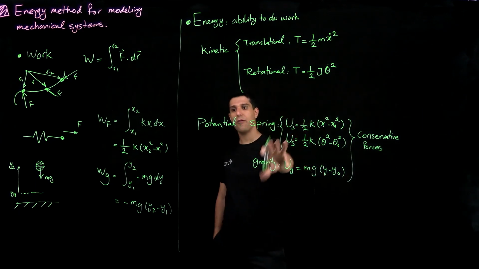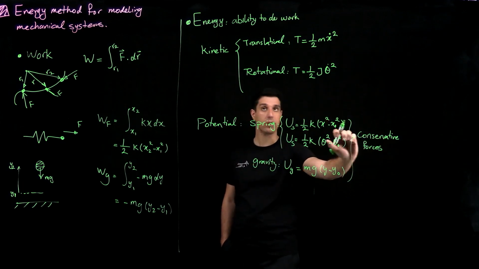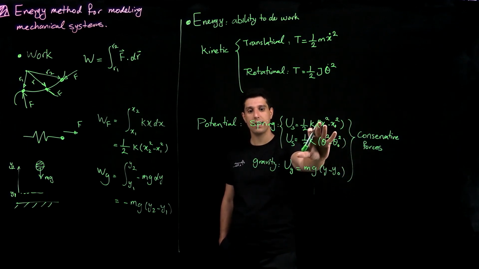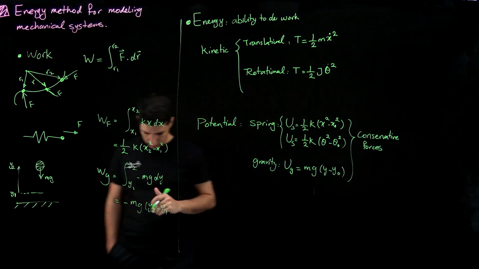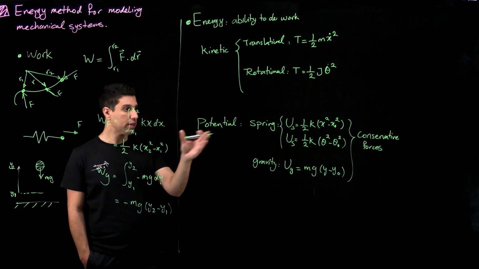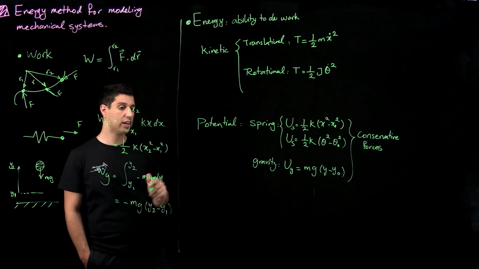And if you have an element that can store potential energy and applies conservative forces, that element does not dissipate energy and keeps the total mechanical energy of the system constant.